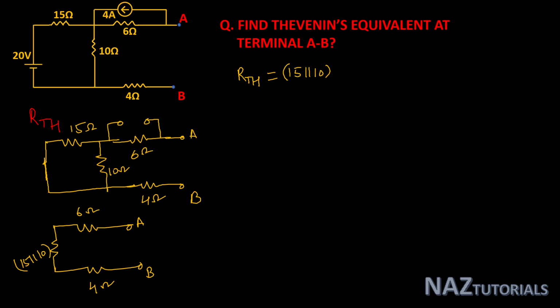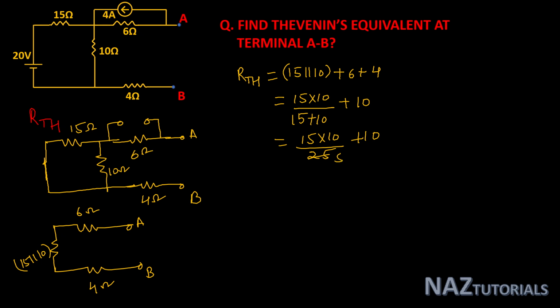So 15 in parallel with 10 plus 6 plus 4. You can calculate it: 15 into 10 divided by 15 plus 10, the parallel combination, plus 6 plus 4, that is 10. So this is 15 into 10 divided by 25 plus 10. 5 3s are 15, 5 2s are 10, so 3 2s are 6, that is 6 plus 10. So calculated RTh is 16 ohm.